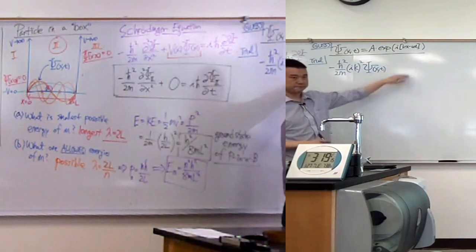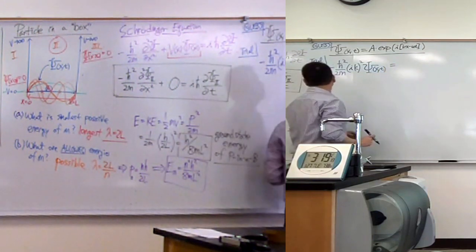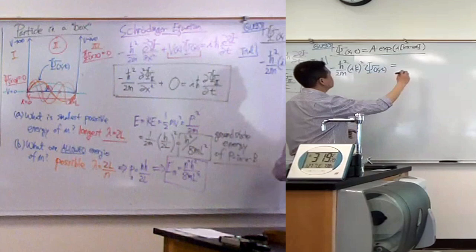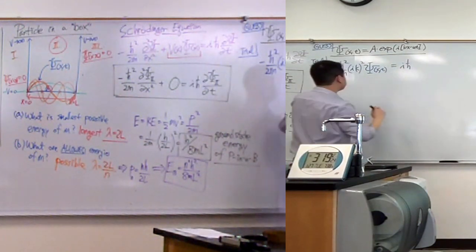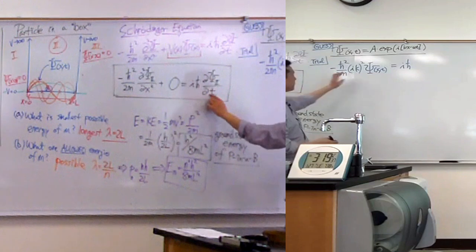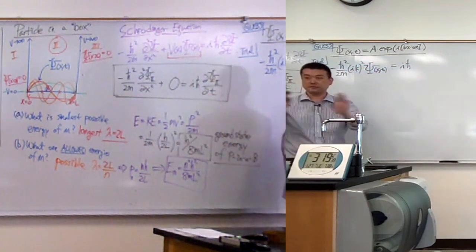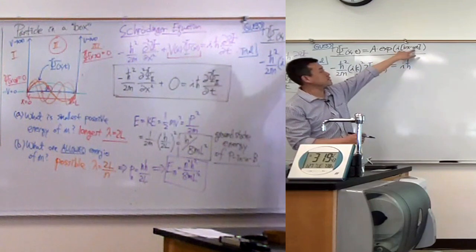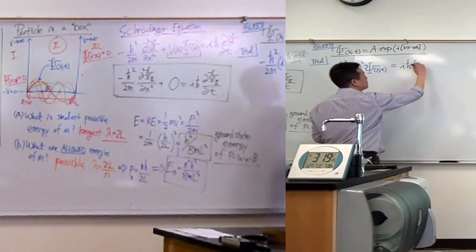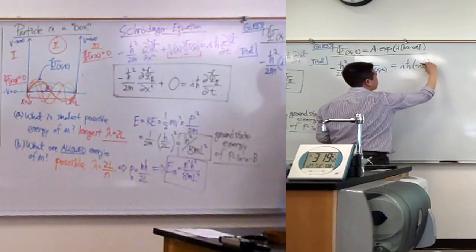Plus 0 is equal to the right-hand side: i h bar times the single time derivative of this. Once again, the exponential makes calculus easy. Nothing changes here. All I get is this factor coming out: minus i omega.